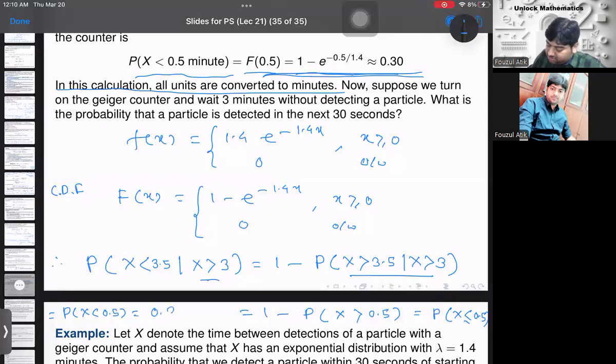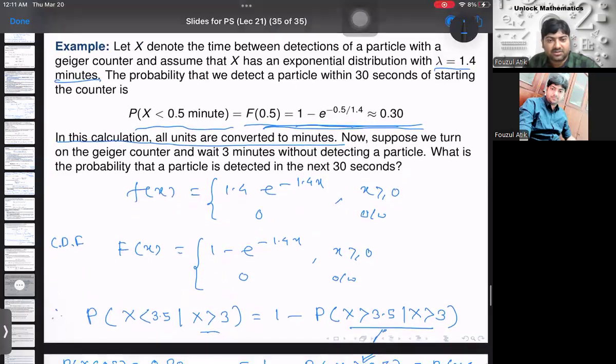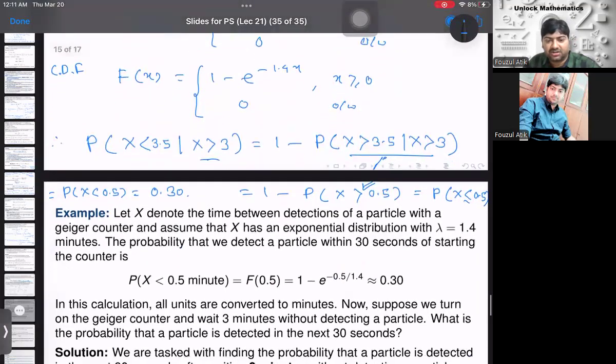It is 0.30. So again, for this example, we have used the memoryless property, because from here to here we have applied the memoryless property, and after that we solve the example very easily. I hope you understand and I hope you enjoyed.